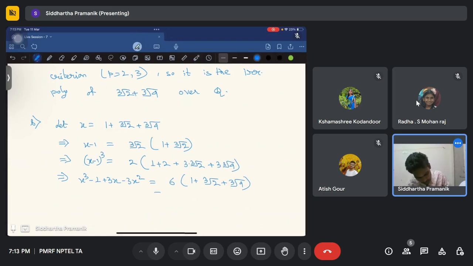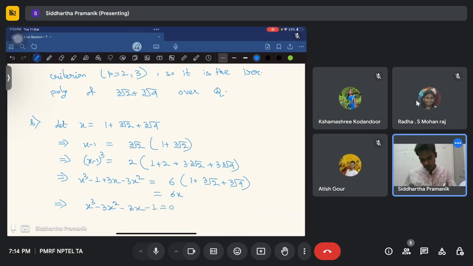So this is 6x, so x cube minus 3x square minus 3x minus 1 is 0. So this element is a root of this polynomial, and we need to check whether it is irreducible or not.